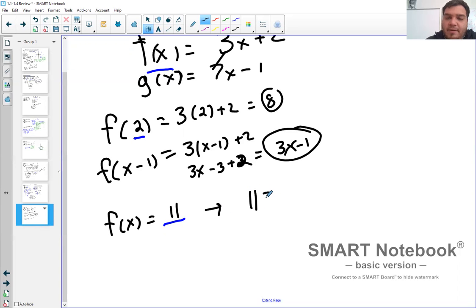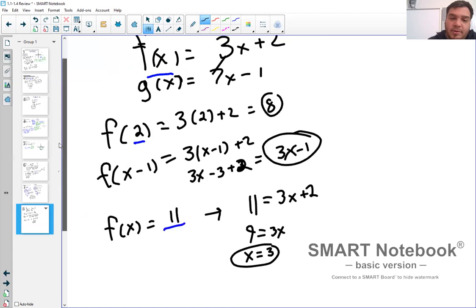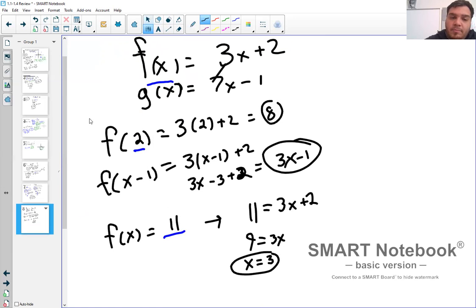So that's going to be 11 equals 3x plus 2. And it just becomes a two-step problem. Minus 2 on both sides, 9 equals 3x. Divide by 3 on both sides, x equals 3. So if I have f of x equals 11, that replaces the f of x itself. If I have f of 2, that replaces the x. If I have f of x minus 1, that replaces the x. Actually, let's keep it here.